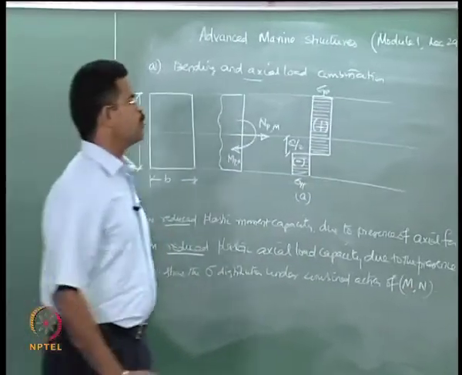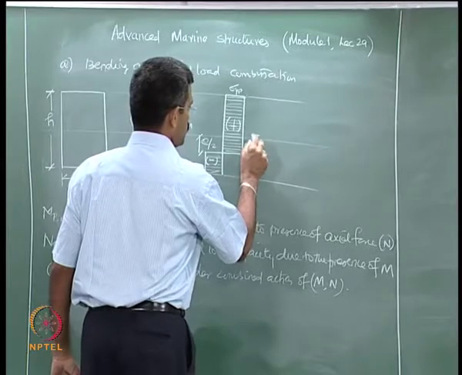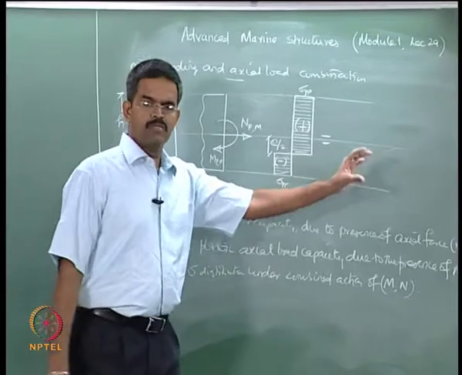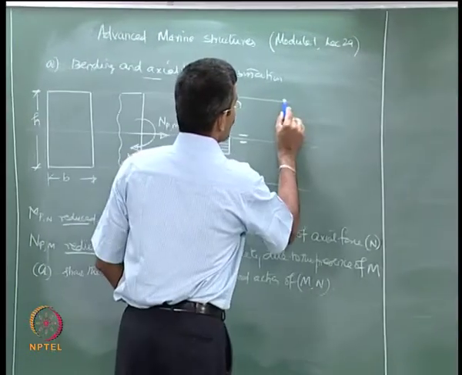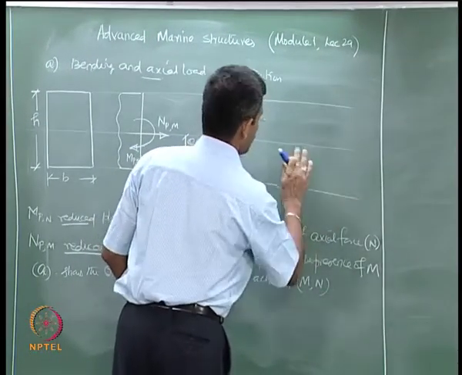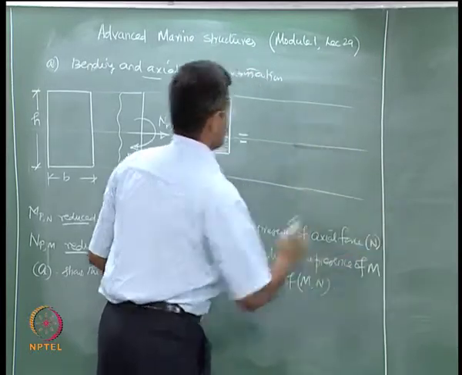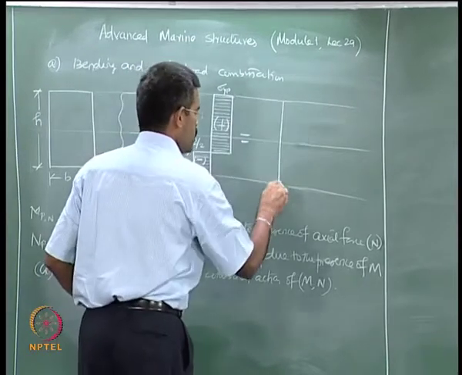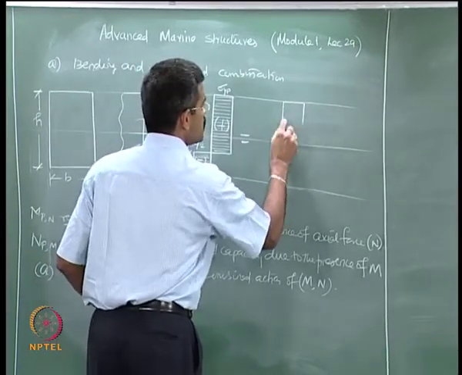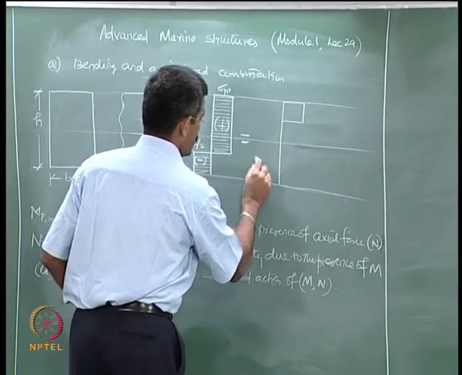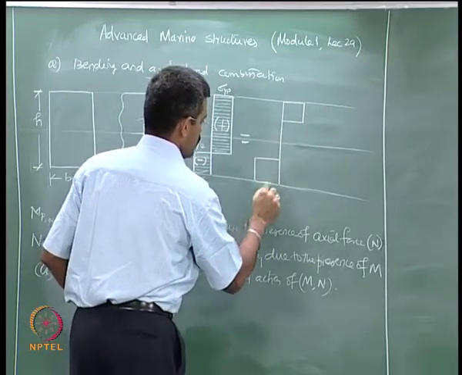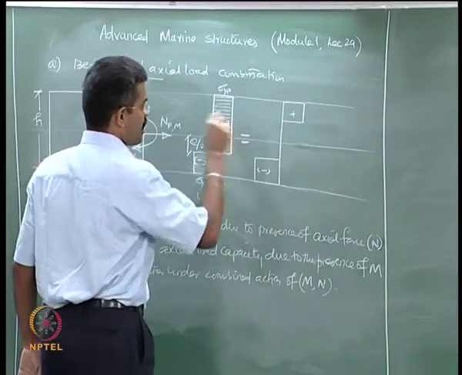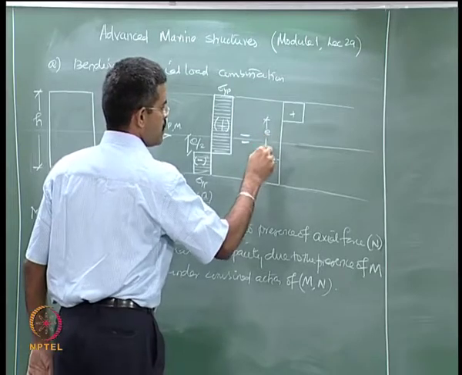I split this into two parts. I say this is equal to two parts. One is because of M alone and the other is because of N alone. I say this is negative and positive, and of course this remains as E by 2, and of course now this becomes E. Okay.